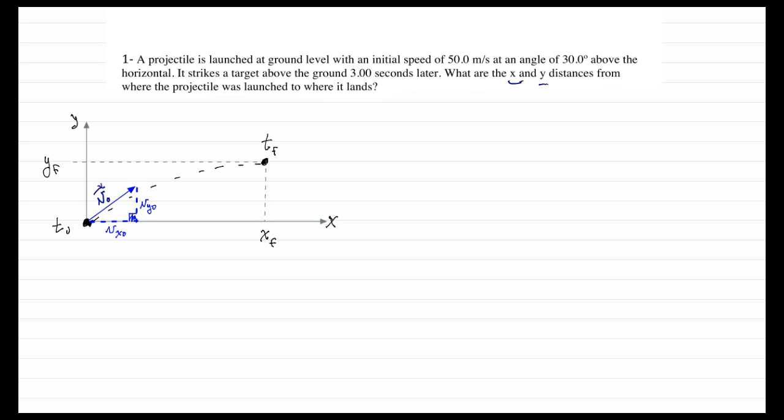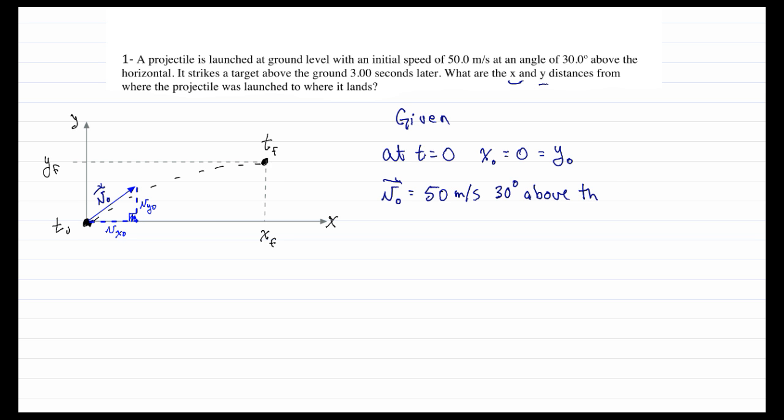Alright, let's write down everything we're given. So first of all, at t equals 0, we know that our initial position, x0, is 0, and that's the same as our initial y position. Also, we know that our initial velocity is 50 meters per second, 30 degrees above the horizontal.